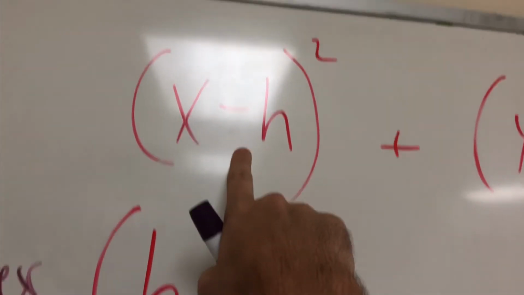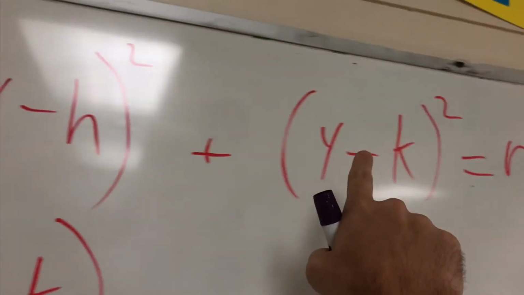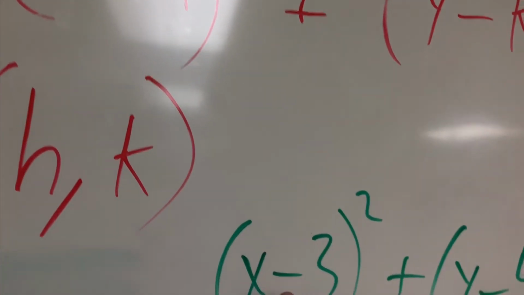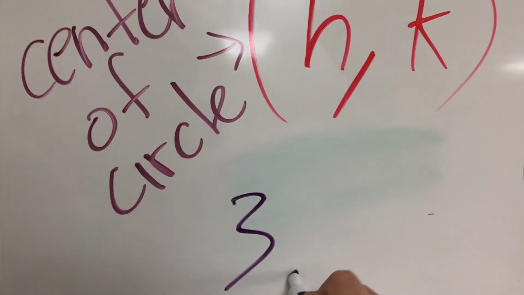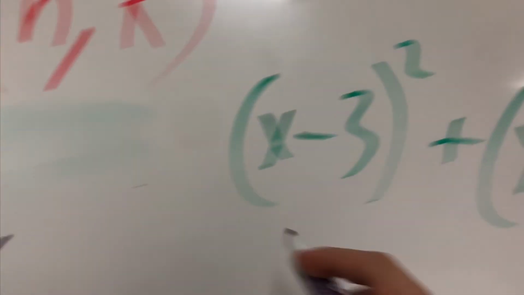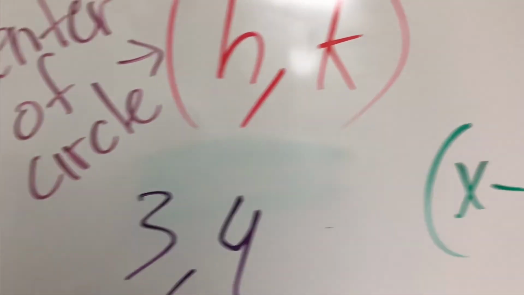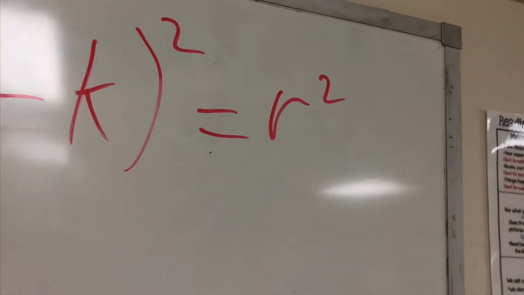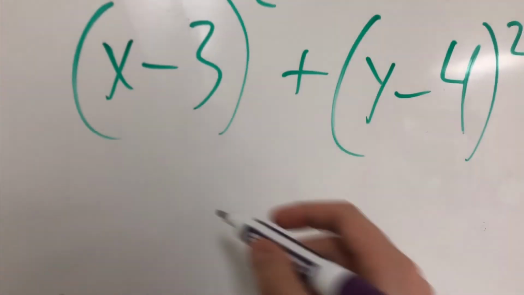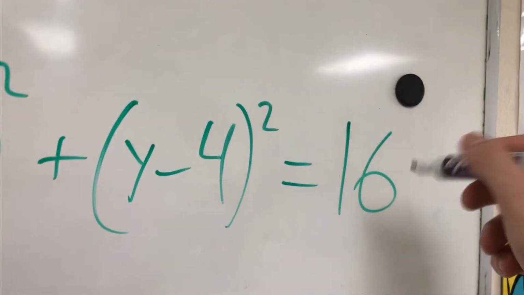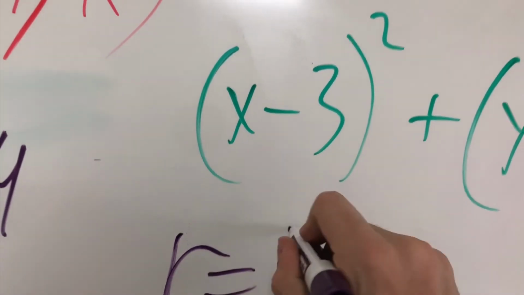The equation is minus h, minus k. So if it's just minus 3, you know that the h is going to be positive. Minus 4, the k is going to be positive. And then they give you r squared, they give you 16. So you have to square root that. R would just be 4.